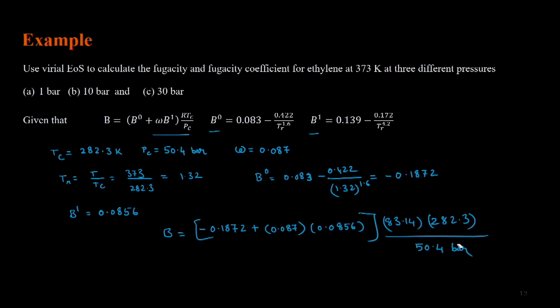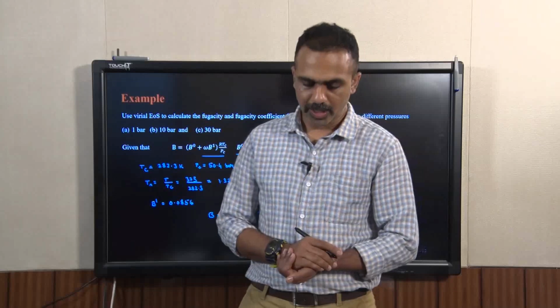And once we use these units, what we get is a value of B as negative 83.72 cc per mole. So now I have the value for the second virial coefficient from the given correlations.